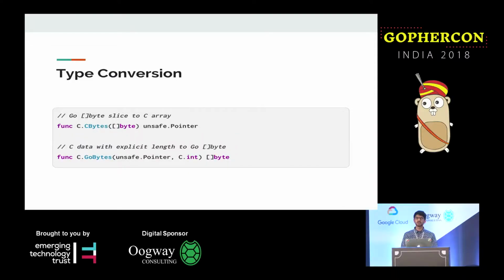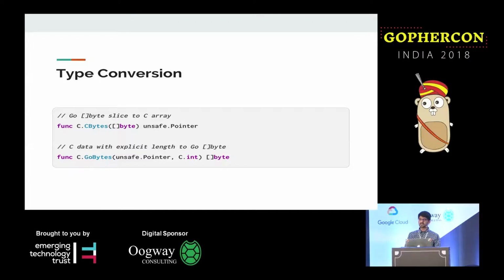So we saw the CString function earlier, and even the GoString function. Those are all given on the Go documentation website, and the important ones from those are CBytes and GoBytes. The CString functions are essentially the same as CBytes and GoBytes, so I don't have them up here. CBytes will take a Go byte slice and convert that to a C array.